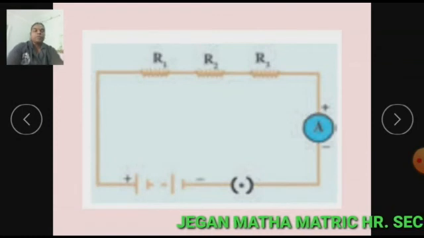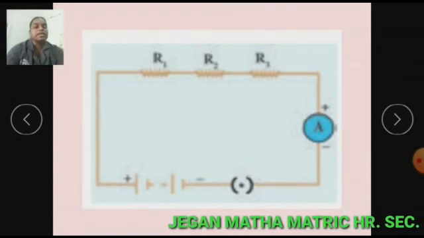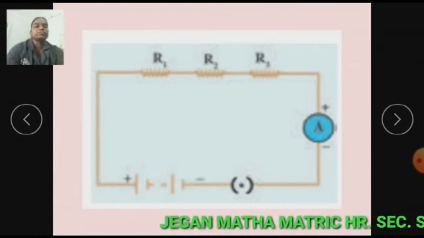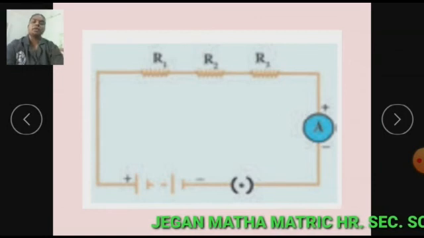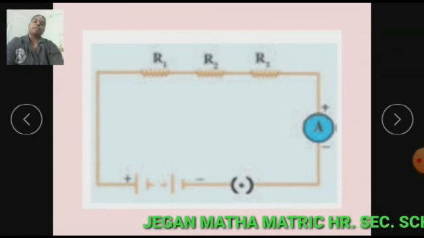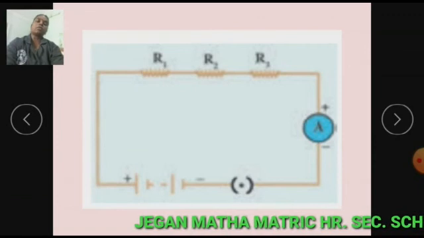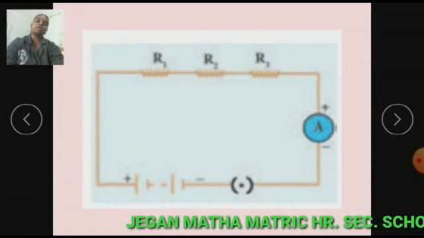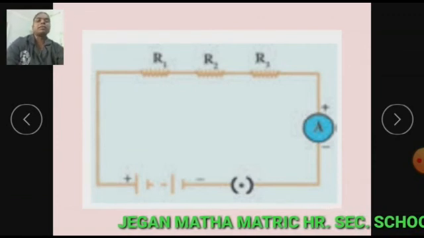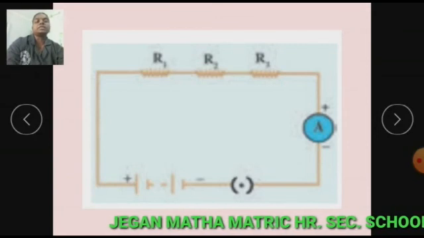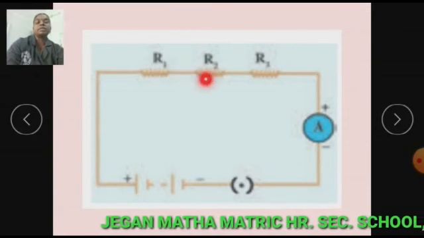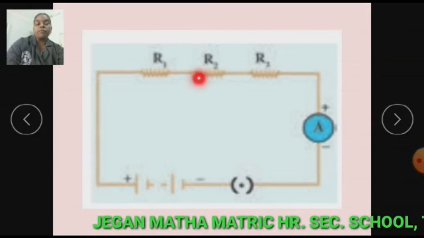This is the resistors connected in series. Here the battery is connected with one end of the first resistor. The other end of the first resistor R1 is connected with the first end of R2.